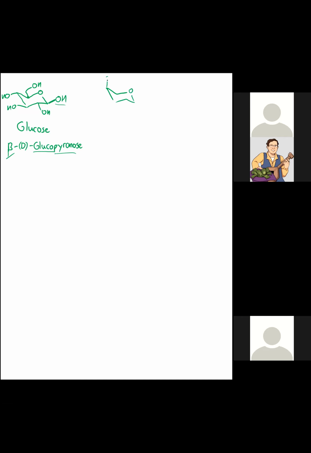The other big ones we're going to see are galactose. So this would be alpha-D-galactopyranose. It's arbitrary that I draw an alpha instead of a beta.